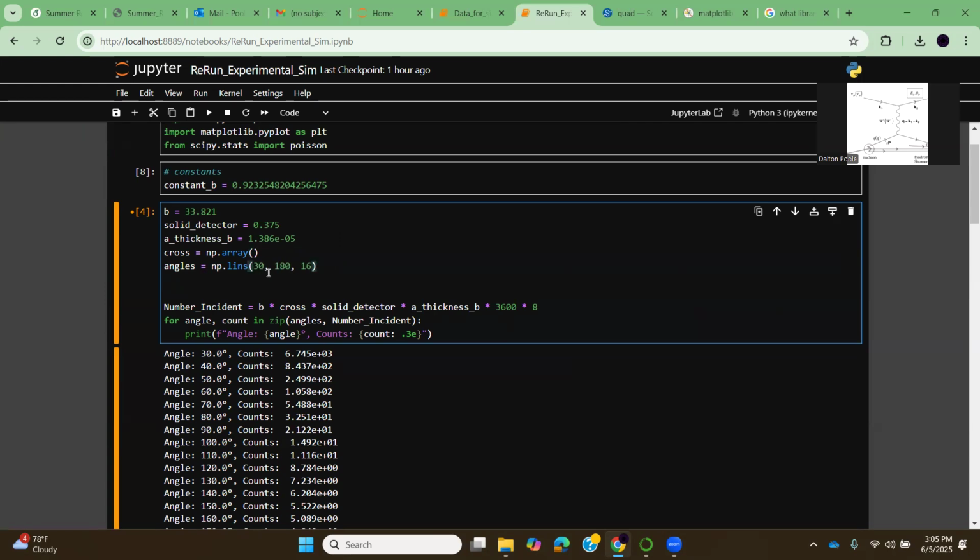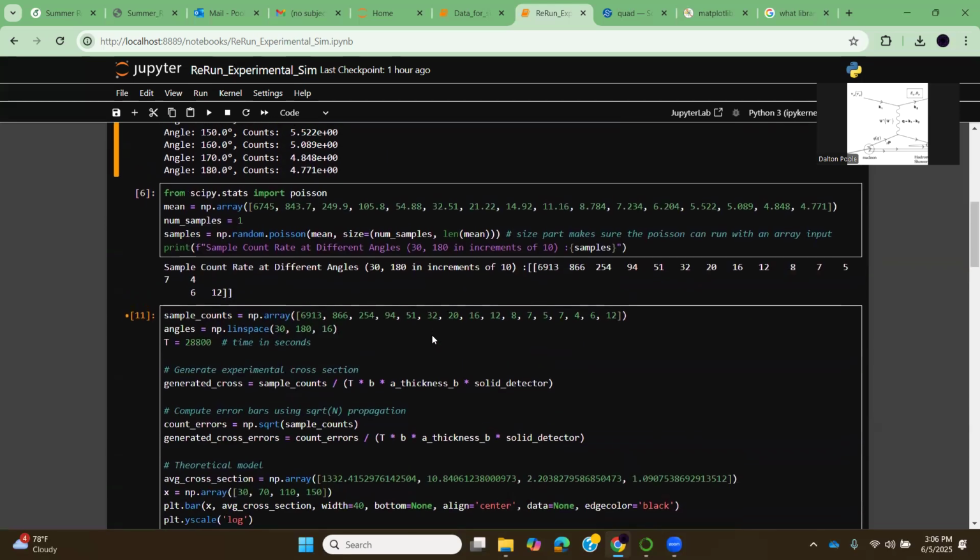Instead of a linspace, I'm actually going to make my angles an array, just to be sure that it's going to give me the right points. So 30, 70, 110, and 150. Might have to tweak this later, make it arrays instead of linspaces, just so I can be exact on what angles I'm using. So I might do that later, but I gotta go to work soon, so I'm gonna do as much as I can here.